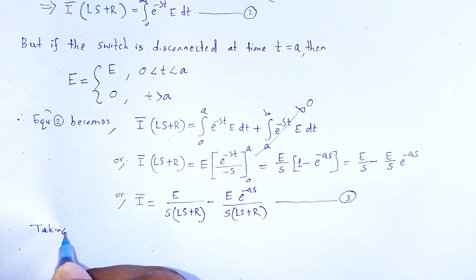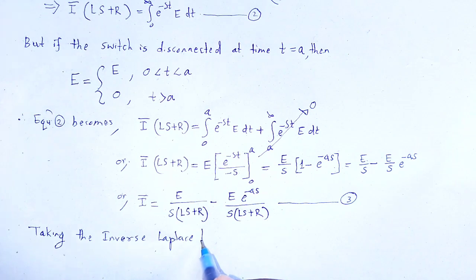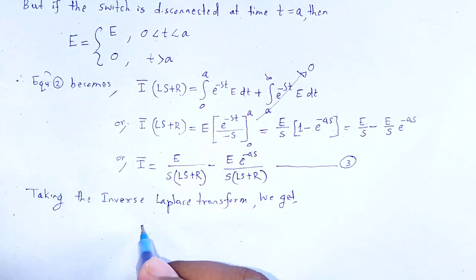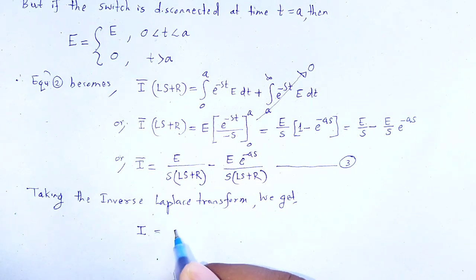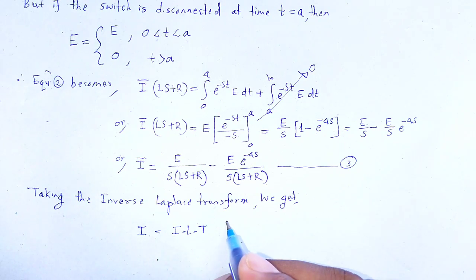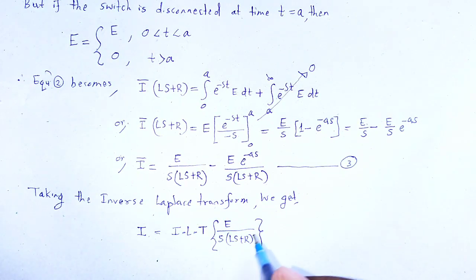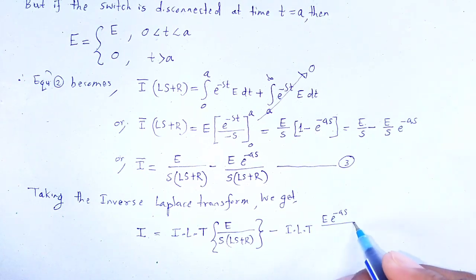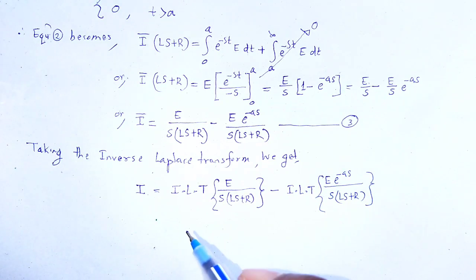Taking the inverse Laplace transform on both sides, the inverse Laplace transform of I bar is equal to I, which equals ILT of E divided by s whole into Ls plus R, minus ILT of E e to the power minus as divided by s whole into Ls plus R. Instead of L to the power minus 1 for the inverse Laplace transform, why do we write ILT?